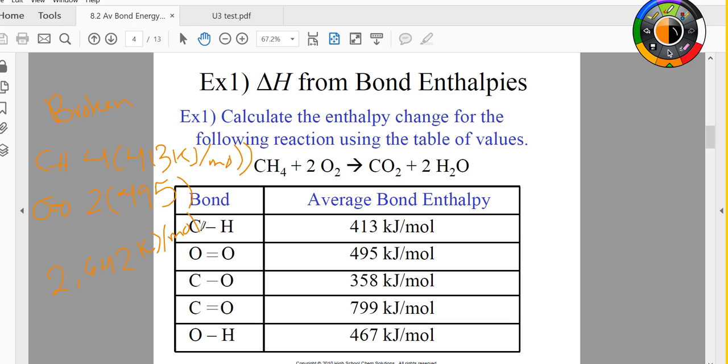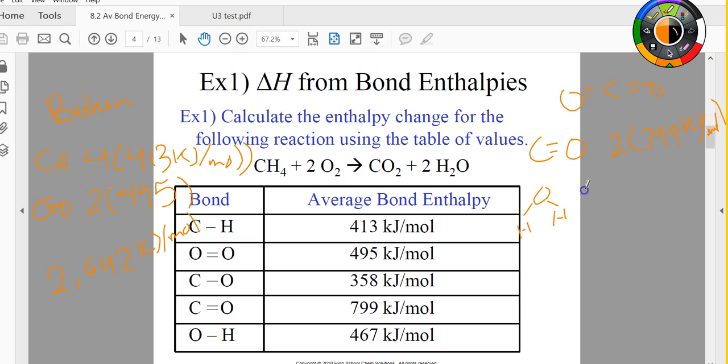Okay. Now on this side, if you recall, the carbon dioxide looked like this. So I'll have that bond, I have 2 of them. 2 times 799 kilojoules per mole. And then I have 4 O-H bonds, because I had 2 waters. You still okay?